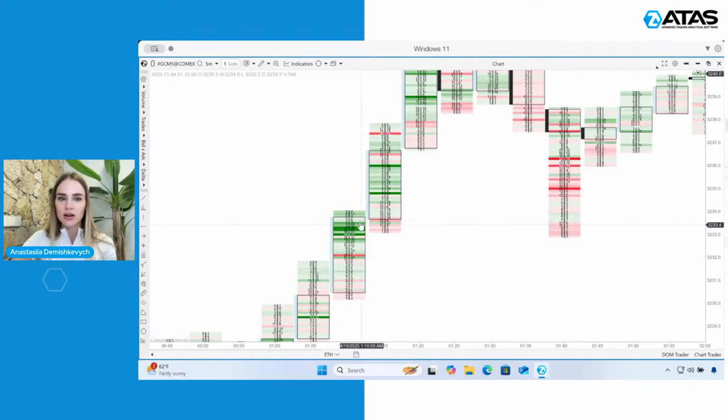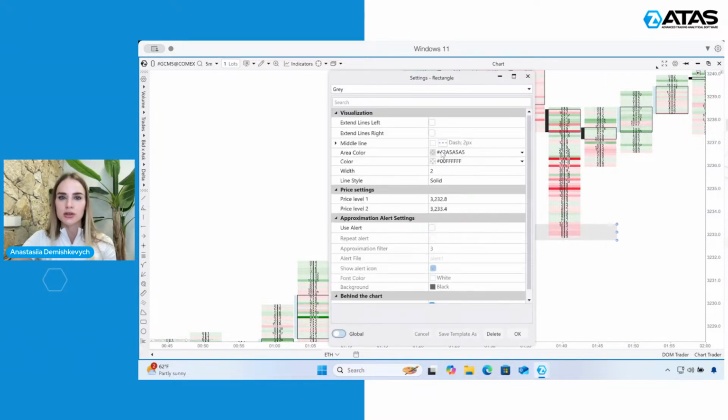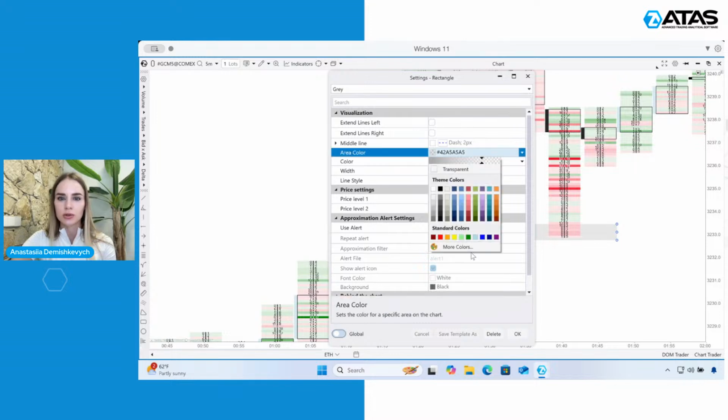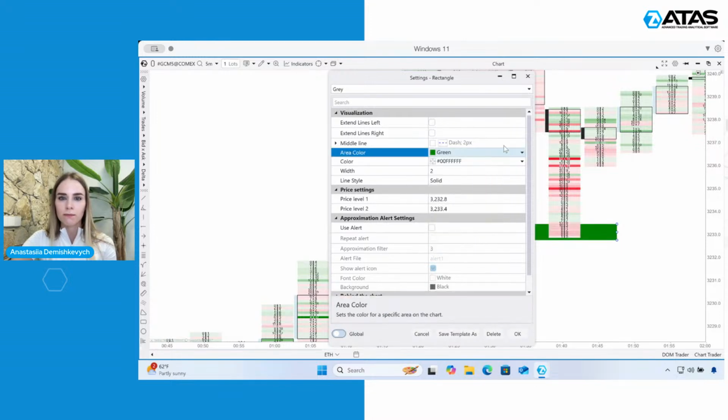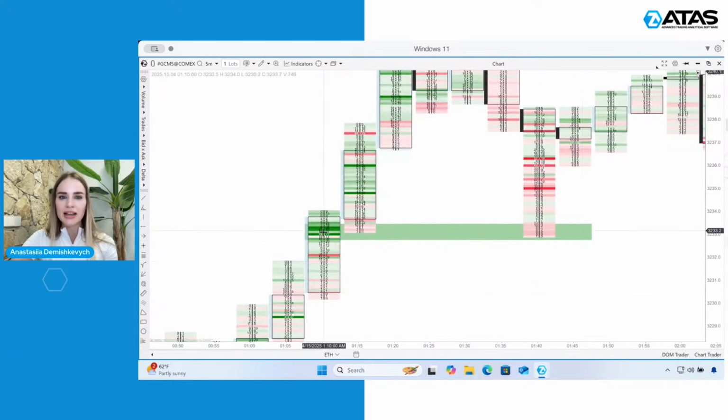So we see the buyer zone right here. Active buyers are adding to their positions. I'm going to change the color to green. So active buyers are adding to their positions, more active, aggressive buyers entering trades, and the price keeps pushing up.